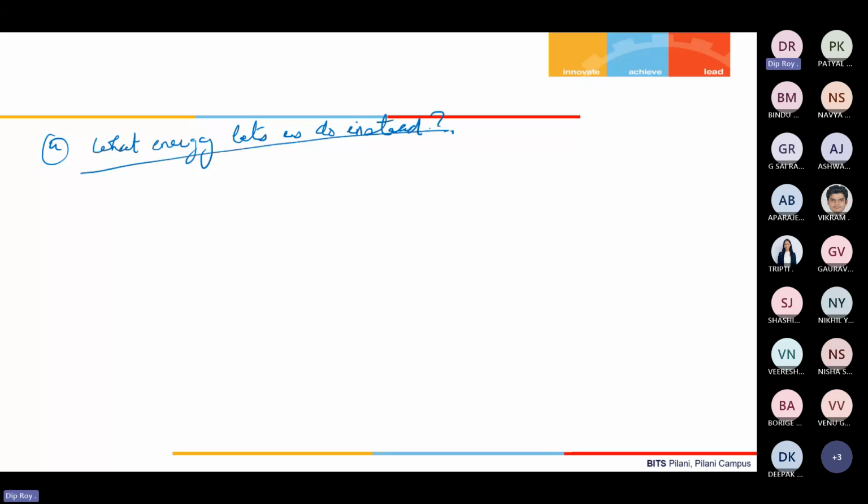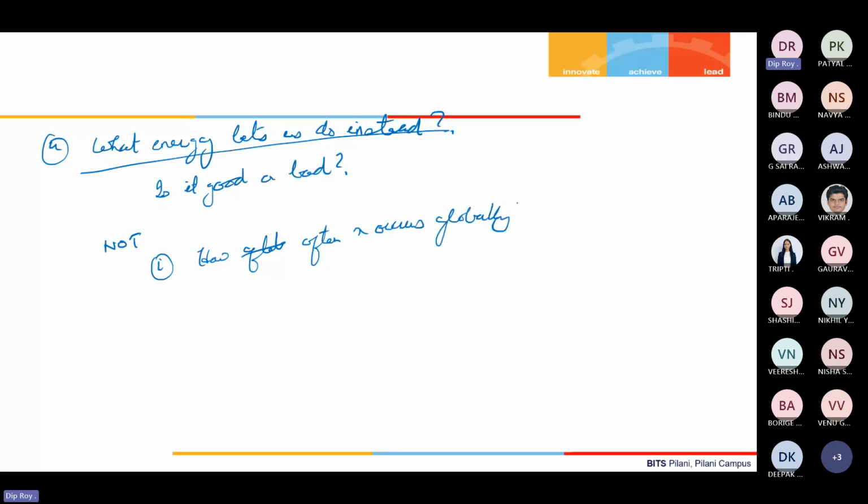The energy function will only answer a simple question: is it good or bad? It's a comparative analysis, and not how often x occurs globally, or what fraction of the total mass it gets.